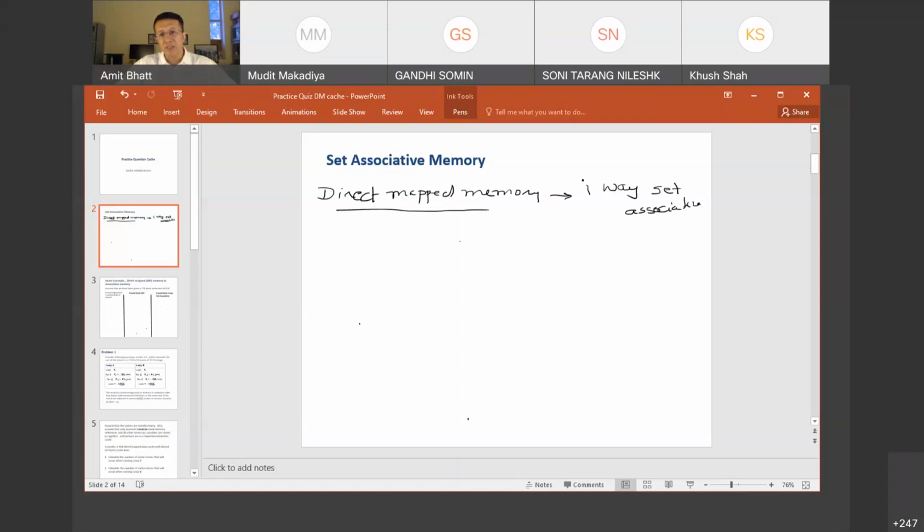Well, nobody refers to it as one-way set associative. People call it direct map memory, but technically you can also call it one-way set associative. Similarly, if you have no blocks, you are just bringing in one word at a time from memory, you can say I have a block size of one word. You might ask, if you are bringing in only one word, why are you calling it a block? But technically I can call it a one-word block.